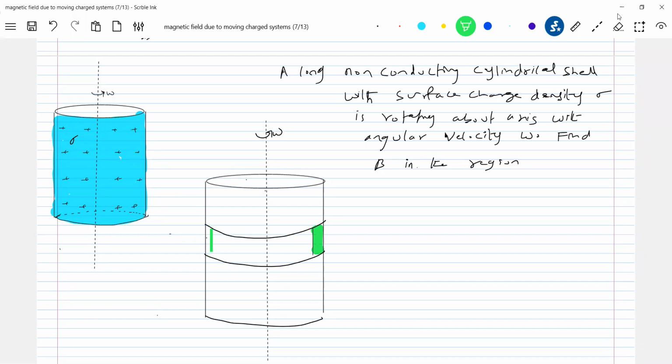And assume one more strip. So when they are rotating, what happens? The charge present on that strip will be moving, as if it is a current carrying sheet, and it is long, actually infinite. So there is one sheet here where the current is out of the plane, and here there is one sheet where the current is into the plane. So two current carrying sheets are present.